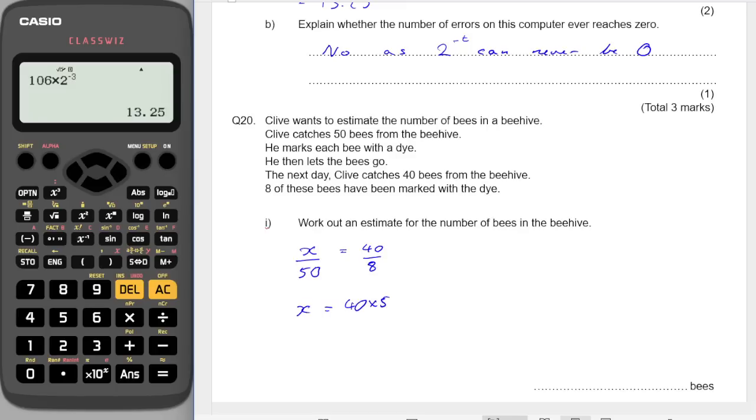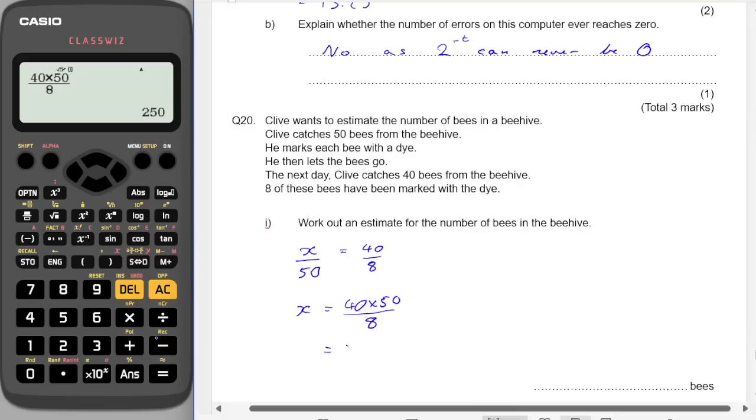So 40 times 50 divided by 8 is 2000 divided by 8, so that's going to be 250. So we would estimate that there are 250 bees in the hive.